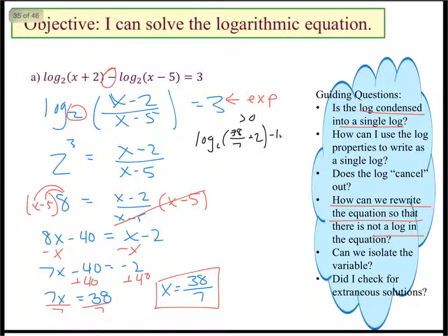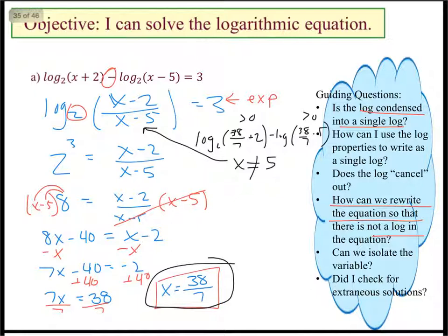And then minus log of 38 sevenths minus 5, that's going to be greater than 0 also, because 35 sevenths would be 5, so that would put us at 0. So that's a little bit more. So we're good there. The other part that I want to make sure is that we didn't get an answer of x equal to 5, because that would be a problem in the domain there. So if I had gotten 5, it would have been an extraneous solution. So that checks out for our solution for that problem.